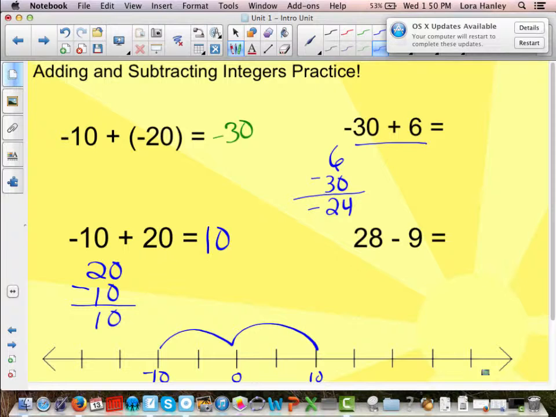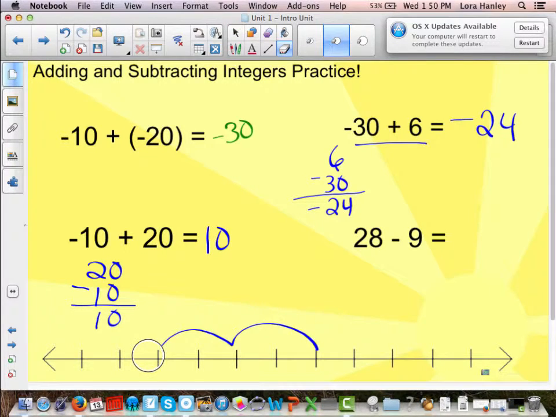So when I combine these two together, I know that my answer will have the sign of the larger. So my answer has to be a negative. Next, since they're opposite signs, it's like subtraction. So 30 minus 6 is 24. Since my larger number was negative, I get -24.